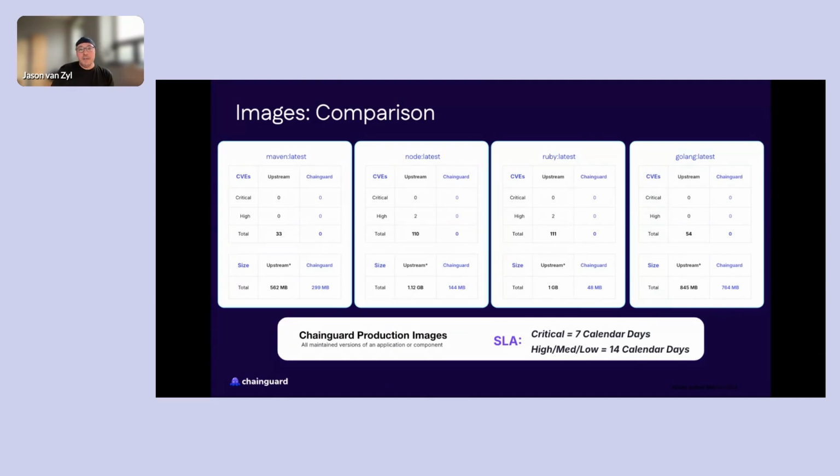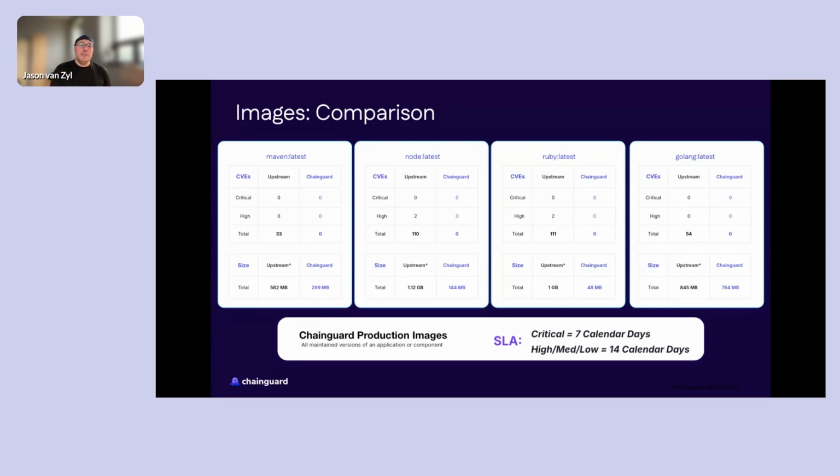Sometimes the open source projects are doing a little better. But most of the time, Chainguard is at 0 or close to 0, and the open source projects, just by virtue of the amount of work it takes, the diligence it requires to look at it on a daily basis, Chainguard Images have very low or no CVEs.